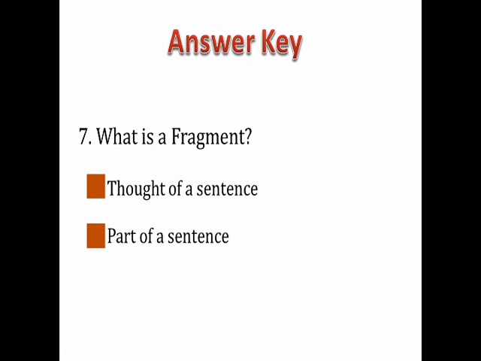What is a fragment? Is it a part of a sentence or a thought of a sentence? The answer here is, a fragment is just a part of the sentence because it does not have a complete thought. That's why you call it a fragment.